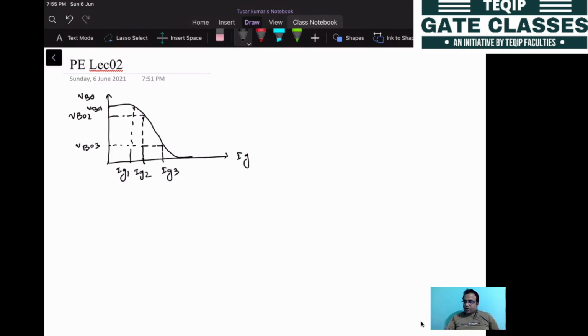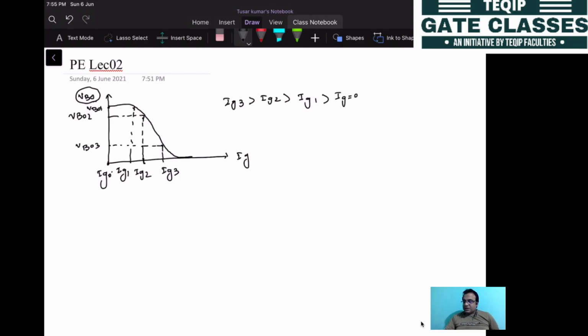So this is the variation of the breakover voltage with respect to the gate current. We have discussed this in the previous lecture also. Ig3 is greater than Ig2, which is greater than Ig1, which is greater than Ig0. When the gate current is 0, the corresponding voltage is VBO.